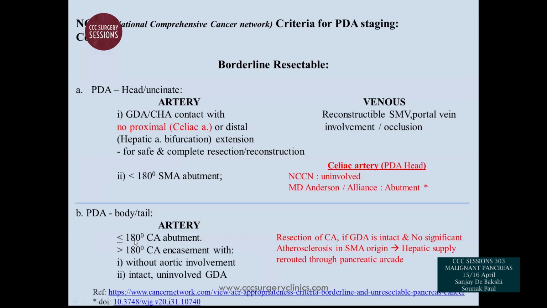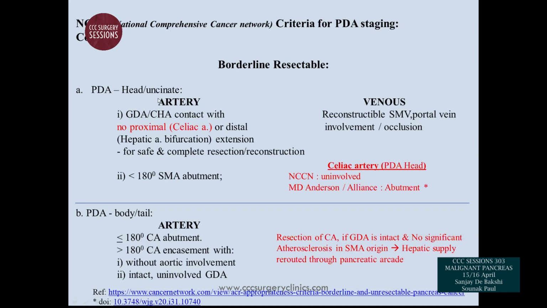However, encasement or completely encircling mass along the celiac artery is also resectable if there is no aortic involvement and there is an intact gastroduodenal artery, so that the hepatic arterial supply can be routed through the gastroduodenal artery from the peripancreatic arcade supplied by the superior mesenteric artery.